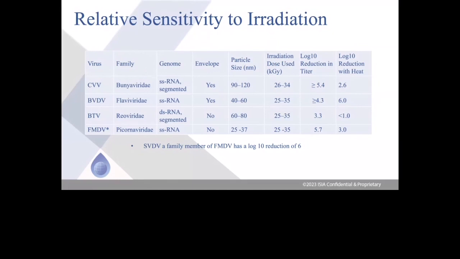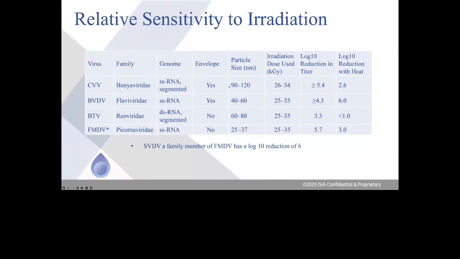And so that's why we care about what's the virus family, what kind of genome does it have? Is it enveloped, yes or no? How big is it? Because that can have an impact also. What's the regular kind of irradiation dose used? And these are just examples. There's a lot of information available, but I've kind of extrapolated here, so I'm making some generalizations.